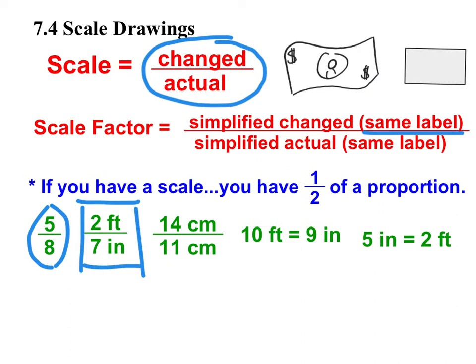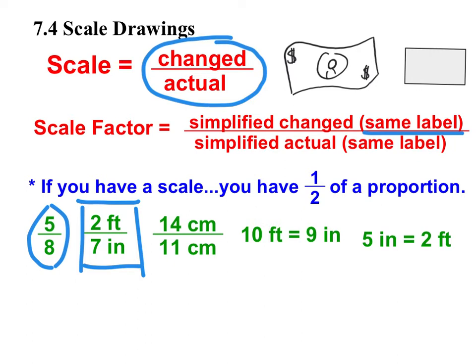2 feet, 7 inches. I want you to think about if that's a shrink or a grow. Remember, the bottom is the actual. So an actual of 7 inches is grown out to 2 feet. That would be a grow, okay? We can convert that into what is called a scale factor by converting them into the same label. For example, isn't 2 feet the same as 24 inches?